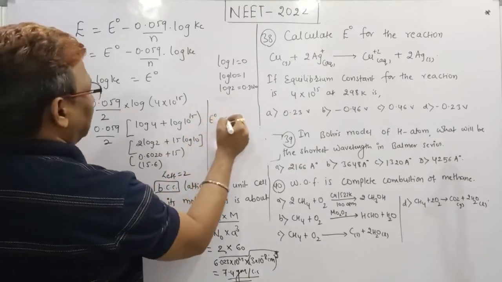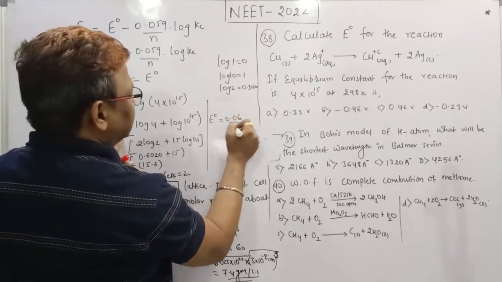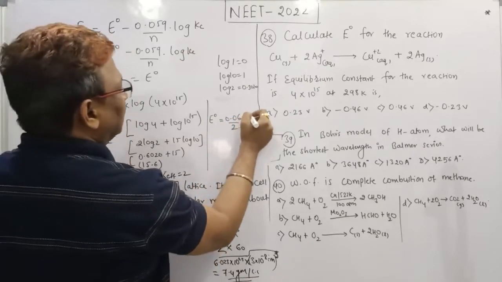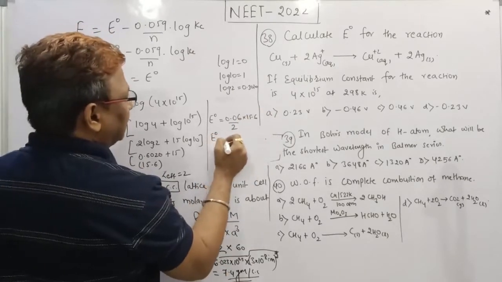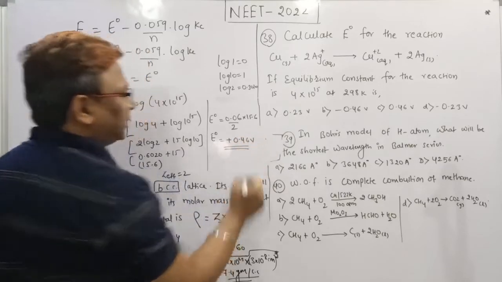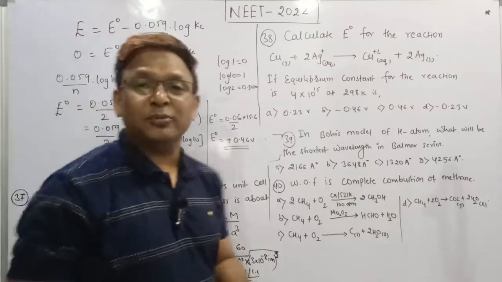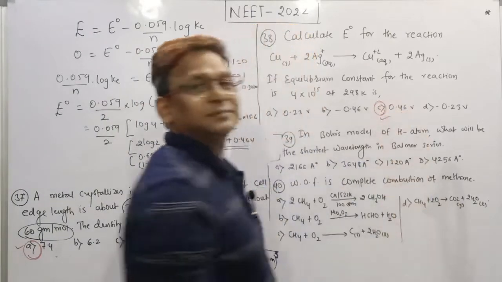E naught equal to 0.059, which can be written as 0.6 by 2 into 15.6. And you can solve it: E naught is equal to plus 0.46 volt we are getting. 0.46 volt means you can see option C will be correct.